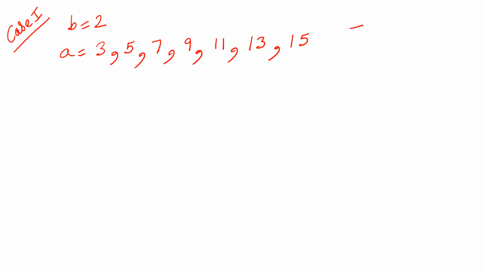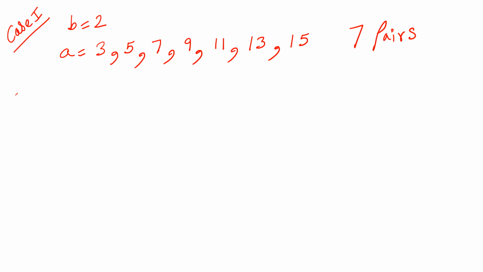Now we have got 7 such pairs. Now accordingly, we will get 7 pairs for m and n as well, because m is equal to 6a and n is equal to 6b. So if you put b equal to 2, then the value of n will be 12. If you put a equal to 3, then the value of m will be 18. And so on, you can find all such pairs.